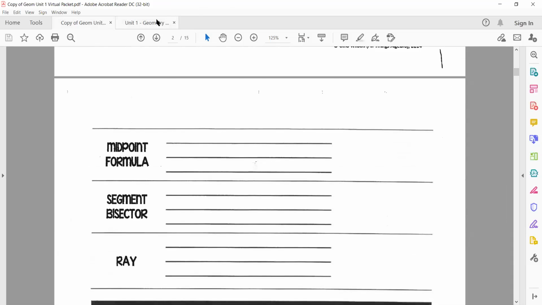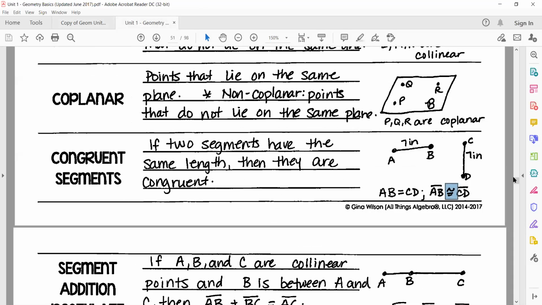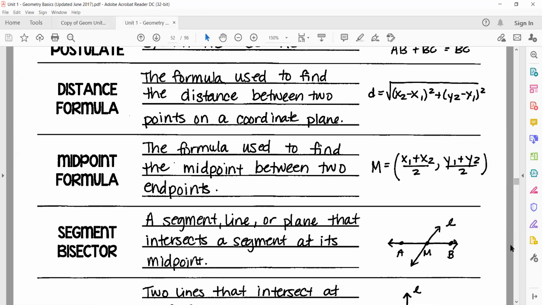Midpoint formula. Another one of these formulas that we'll have to use for calculations. Again, something that's on the coordinate plane. You can see the X's and the Y's here. Those represent XY combinations. This is the formula that's used to find the midpoint between two endpoints.